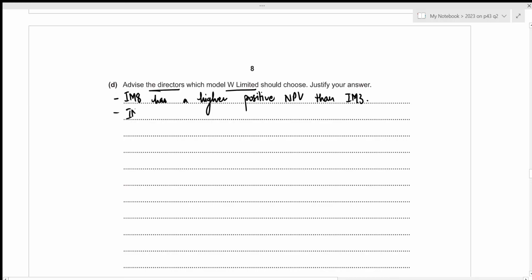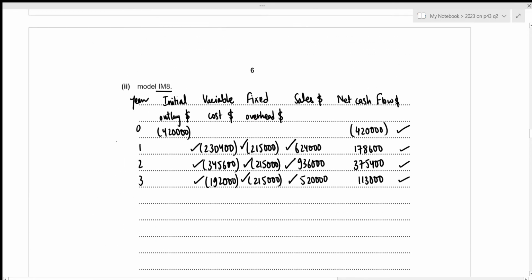So IM8 is a new model, and the quality of products may be better.